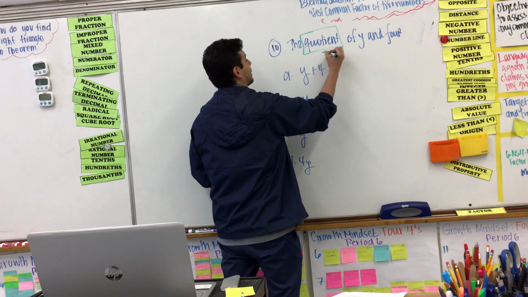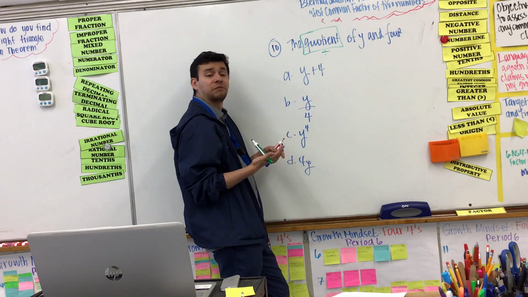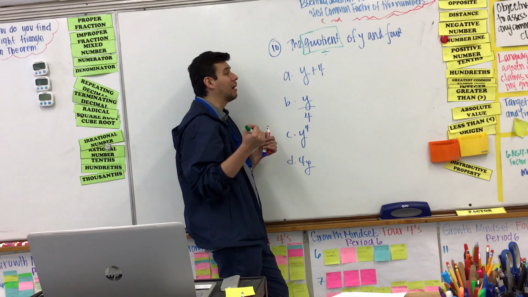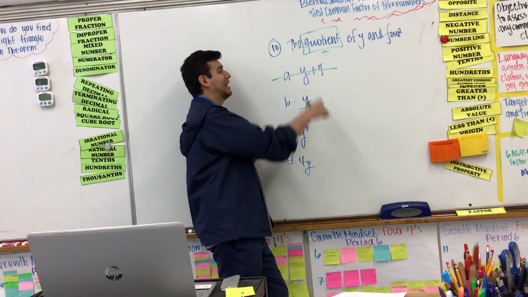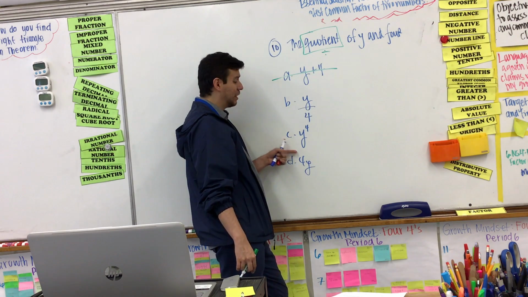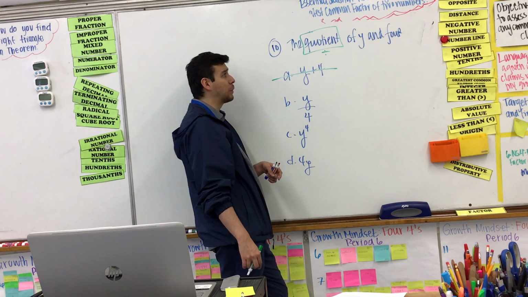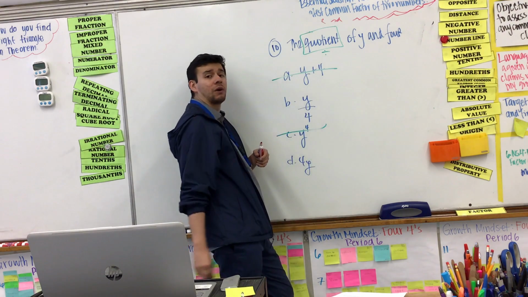Quotient means division. So knowing that quotient means division, you could eliminate a lot of these answers. I could eliminate letter A. It has a plus sign. I could eliminate letter C. Why would you pick something with an exponent? There's nothing there that tells you to use an exponent, so that's out.